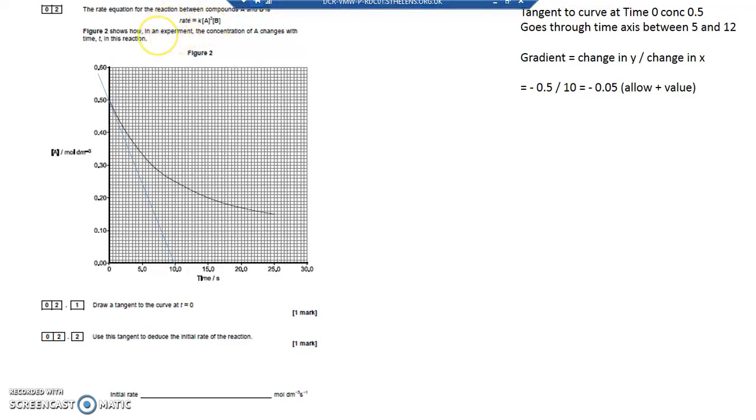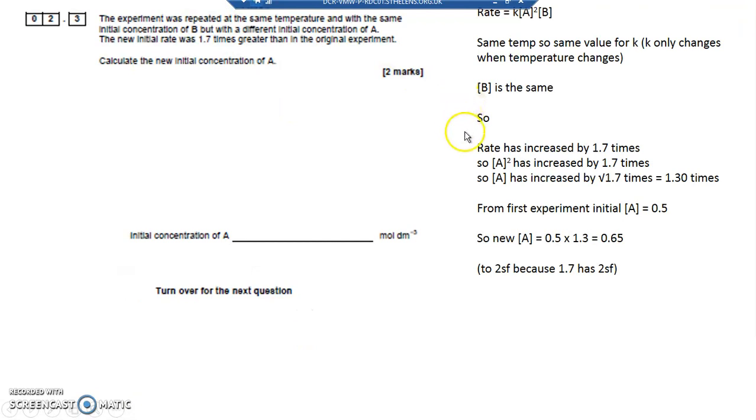So if the rate has gone up by 1.7 times, it's gone up 1.7 times 0.05. Since K is staying the same and B is staying the same, A squared must have increased by 1.7 times as well.